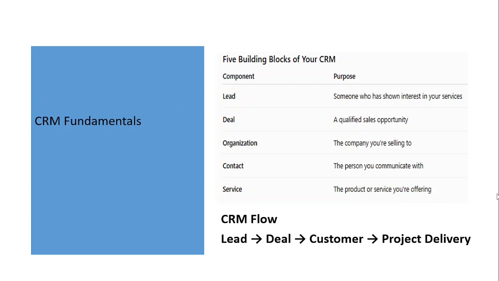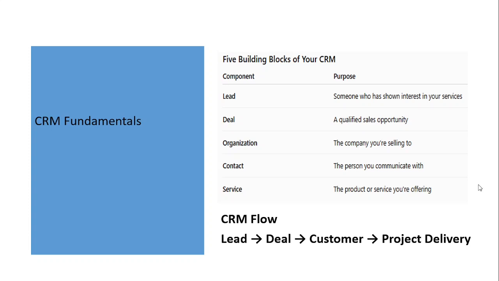Before we build the CRM, let's understand the 5 core components. A lead is someone who has shown interest in your business. For example, they may have completed the contact us form, downloaded a brochure, or requested a demo. At this stage, you don't yet know if they'll become a customer.